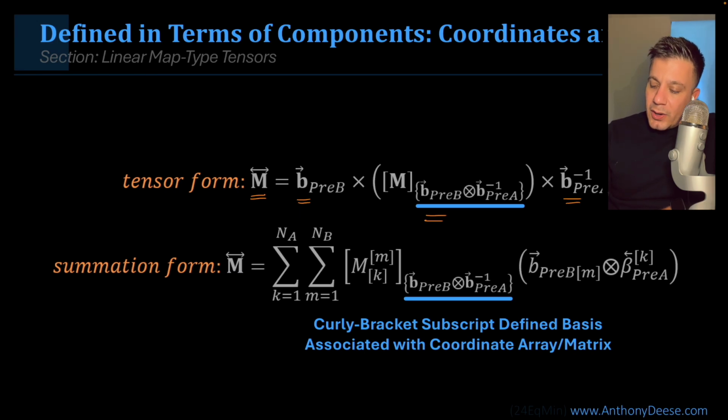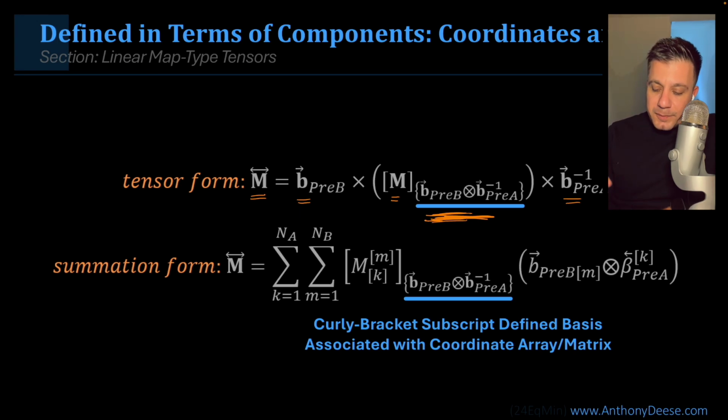Now, if you note, we're using this bracketed subscript again. If you remember, we introduced that a couple minutes ago. And what this says is that this coordinate matrix M is defined in terms of these two bases, of this basis set, which is then in turn defined as the tensor product of the two individual bases.